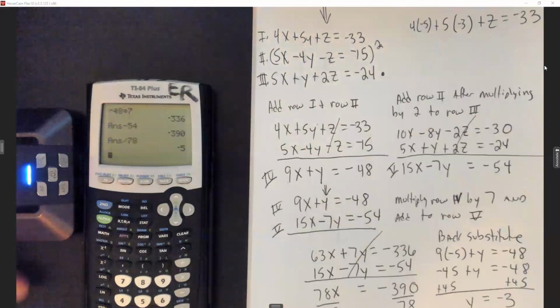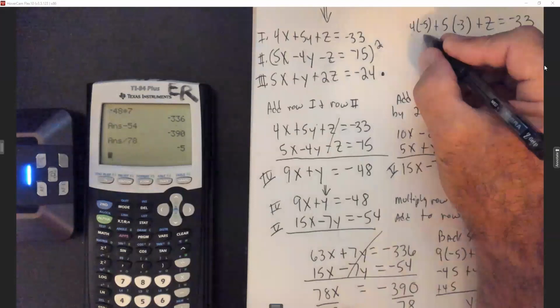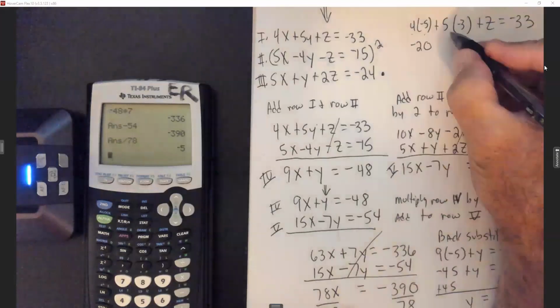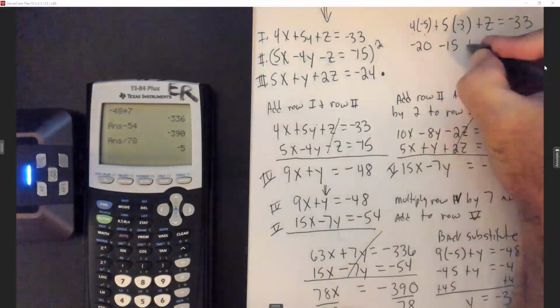So I just went with the first equation and plugged these 2 numbers in. So 4 times -5 is -20. 5 times -3 is -15, plus z equals -33.